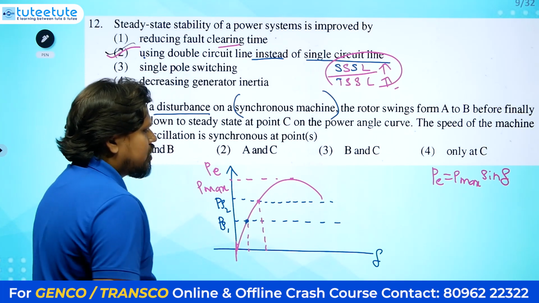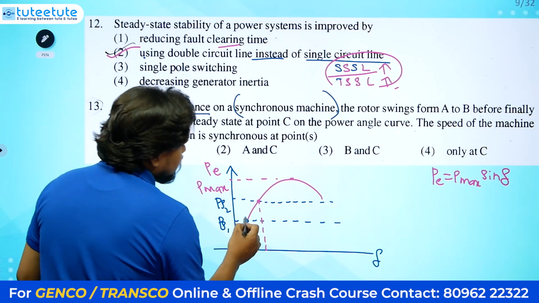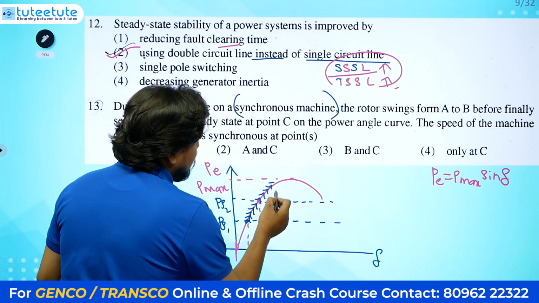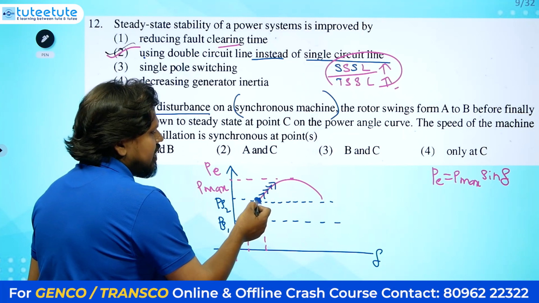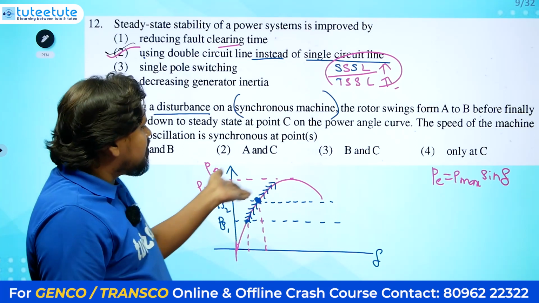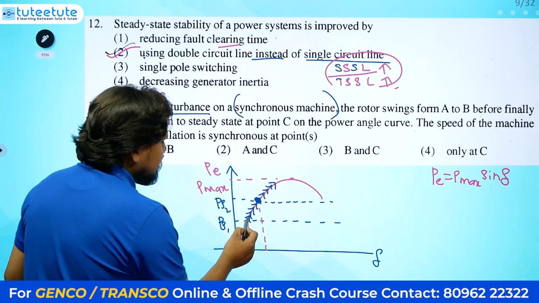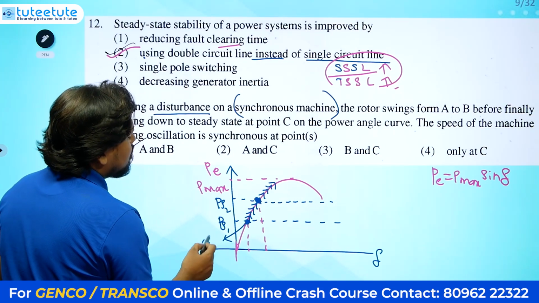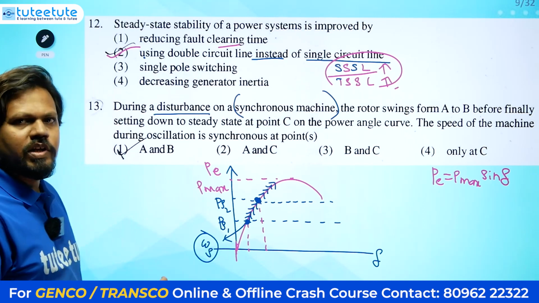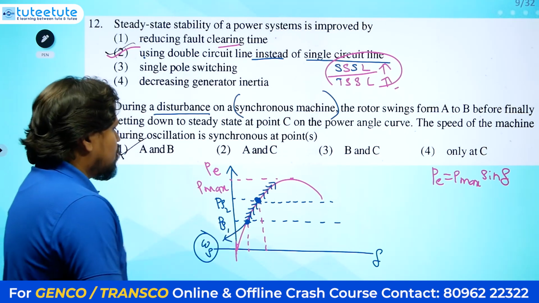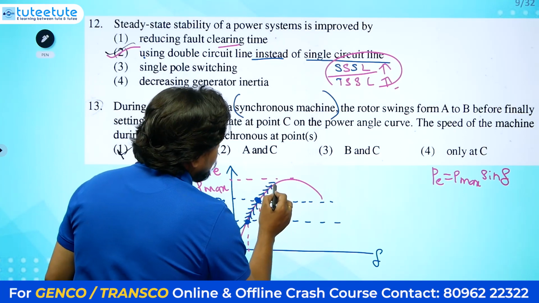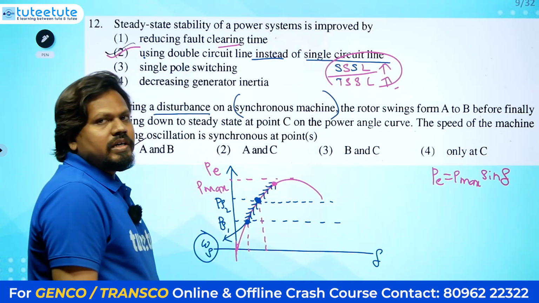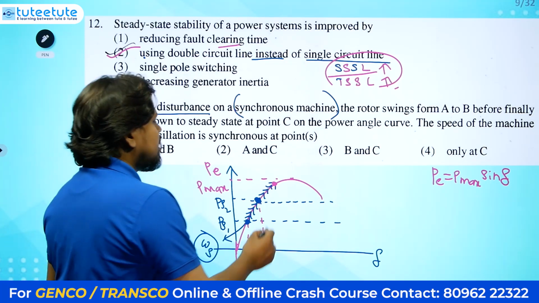That means the rotor will be swinging from this angle, increasing like this. Definitely it will not stop here because there will be some inertia, with which it will keep increasing. Previously at this point it was working at a certain synchronous speed, mostly 1500 rpm. Now whenever you increase, it will go to some place, reach synchronous speed again at some place, and come back.